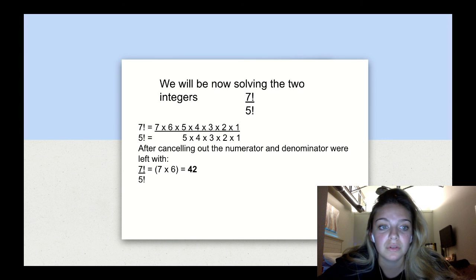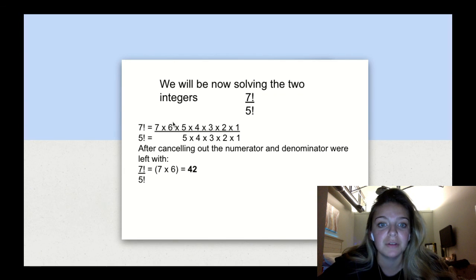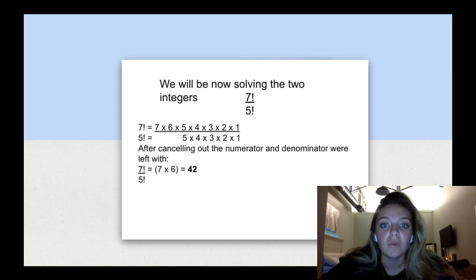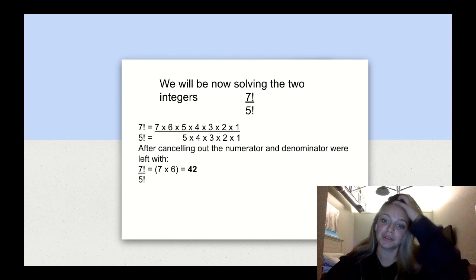Thus, factorial 7 is written 7 exclamation point, like we went over. That means we're going to be writing it out like that, and that's how we will be moving forward. It is not me explaining the beginning part of factorials.